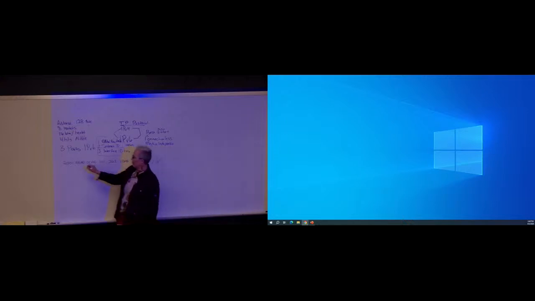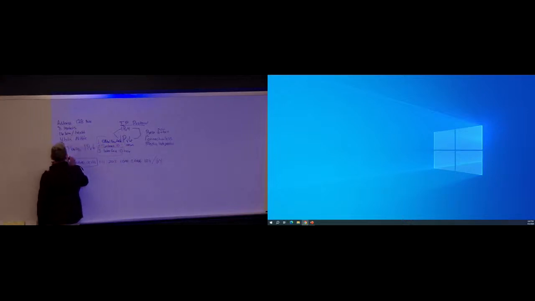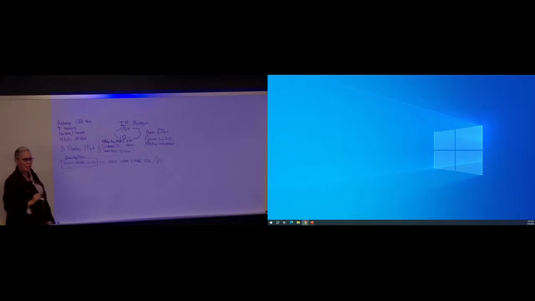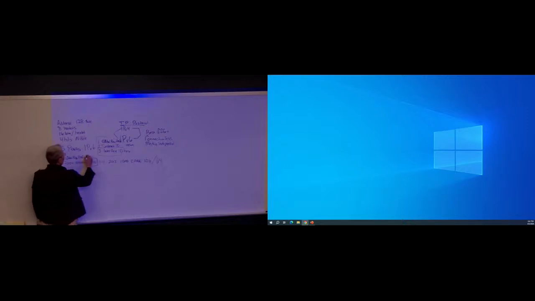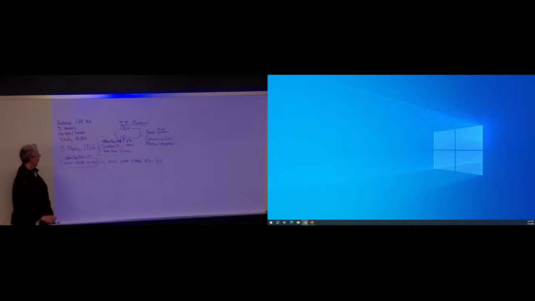These first 3 are the global routing prefix. How many bits is that? 48. Each of these is 4 bits, a nibble. So we have 4, 8, 12, 16, and then 4, 8, 12, 16, 4, 8, 12, 16, so that's 48.